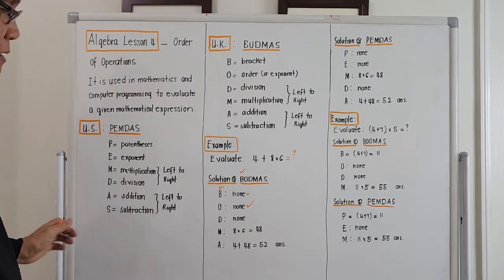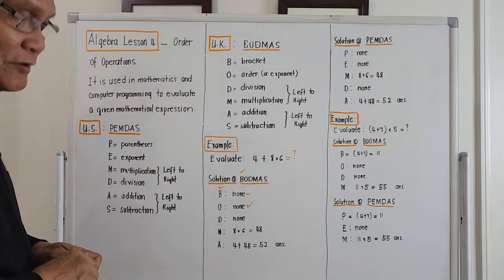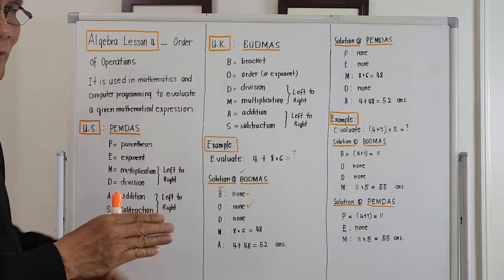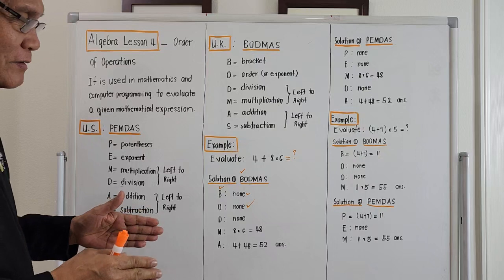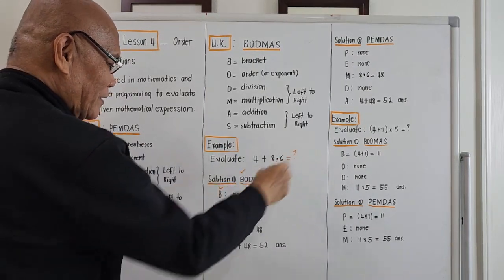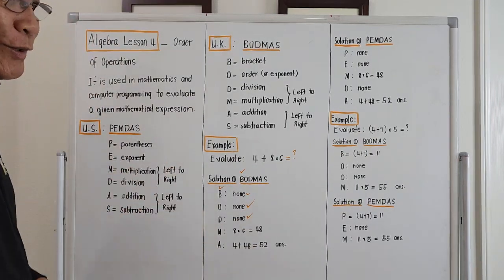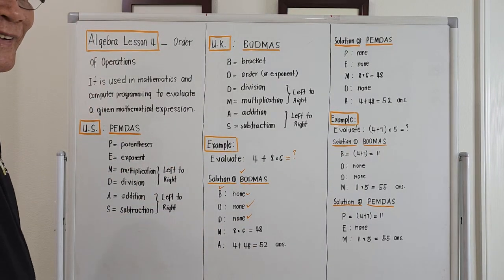Okay. Is there an operation division? Division. You're dividing two numbers. Okay. None also. We cannot find any division here, right? How about multiplication? Okay.